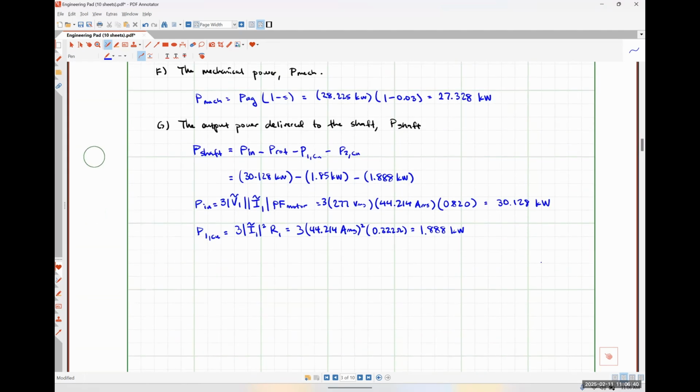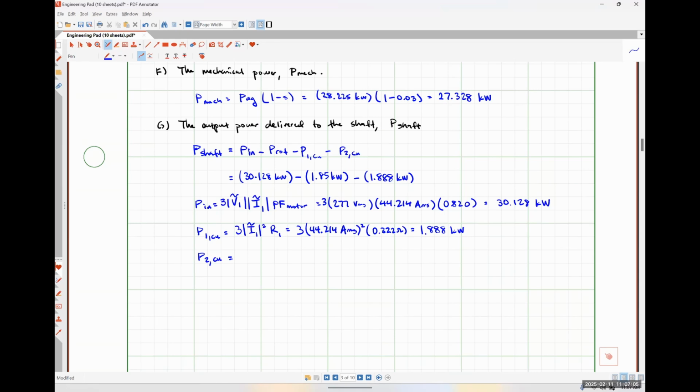And then lastly, I need my copper losses in my rotor. So it wouldn't just be R2, it would be R2 over S, because it's going to be dependent.